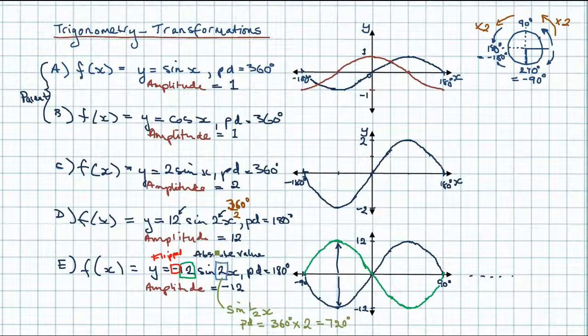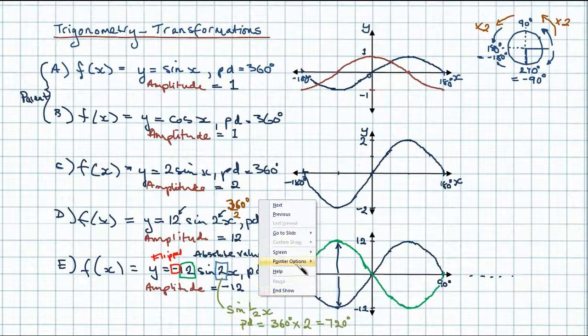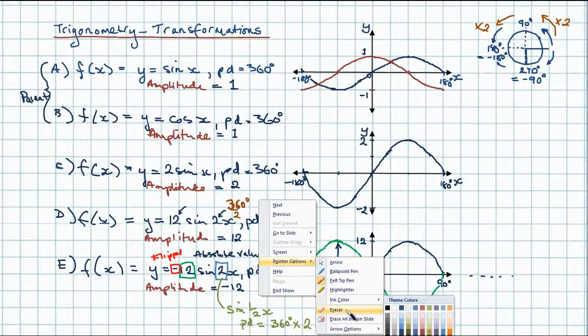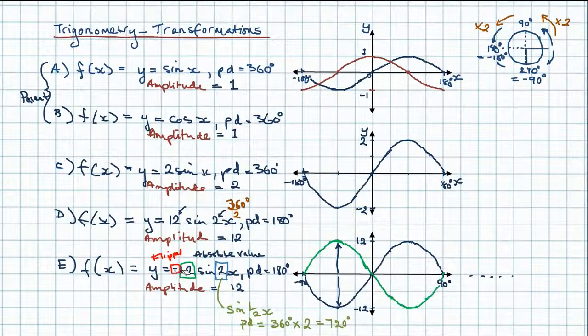So you take your transformed function, you have a look first at this multiplier in front of the function. If it's got a multiplier, then its amplitude is going to change by that same amount, but we need to be careful here, it's not an amplitude of minus 12. It's the absolute value, which in this case is 12.